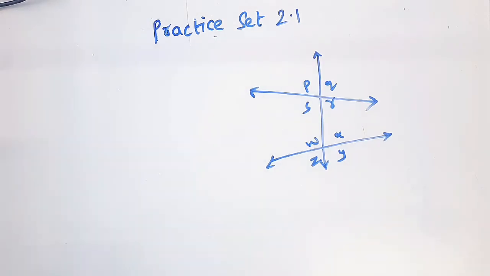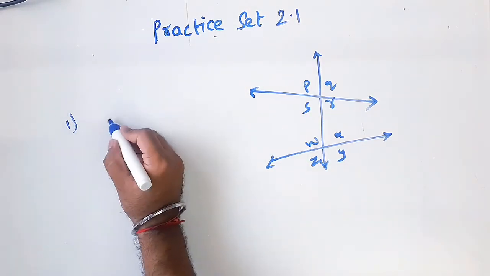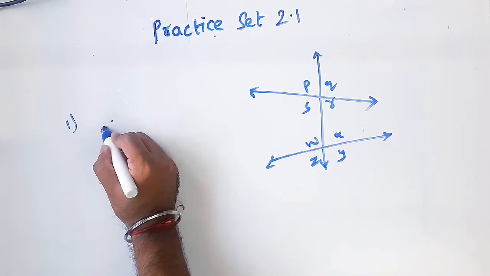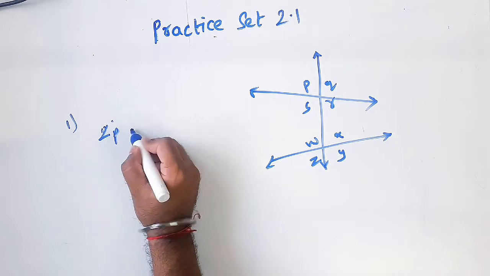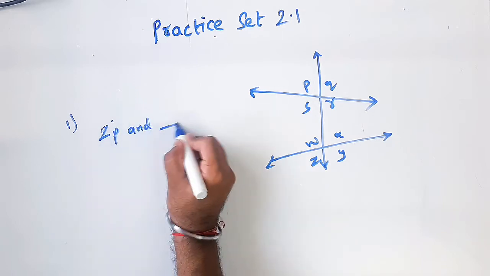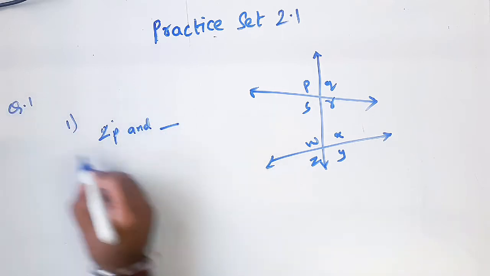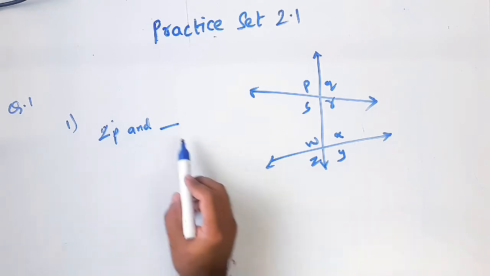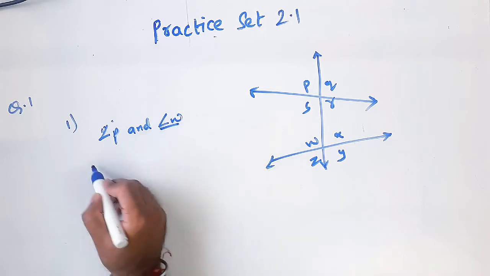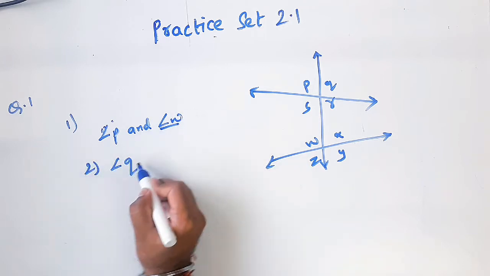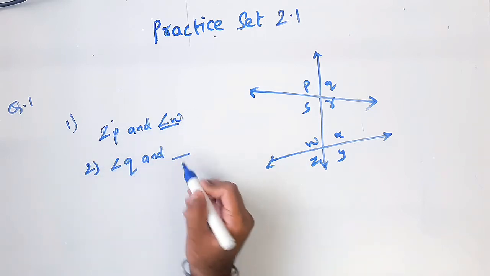So the first one says corresponding angles. In that, angle P and dash. So what will you write? Angle P and the corresponding angle is angle W. Second one, angle Q and dash.